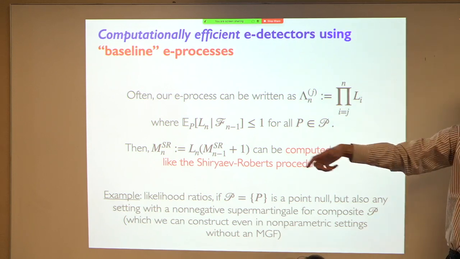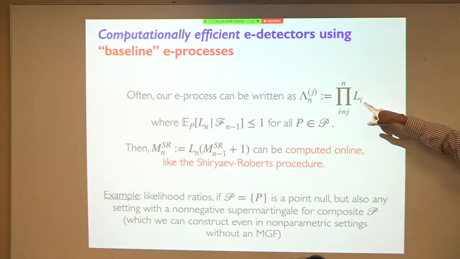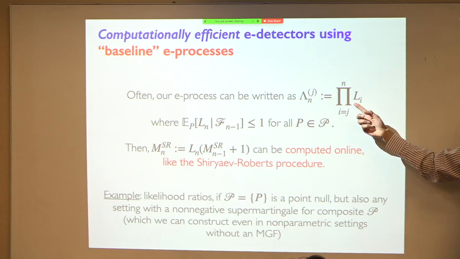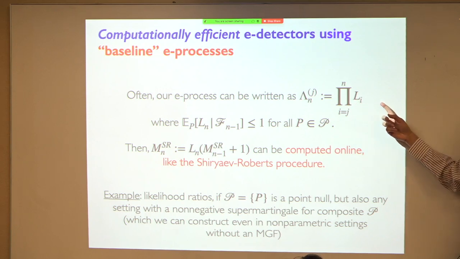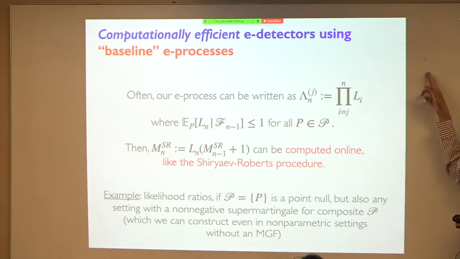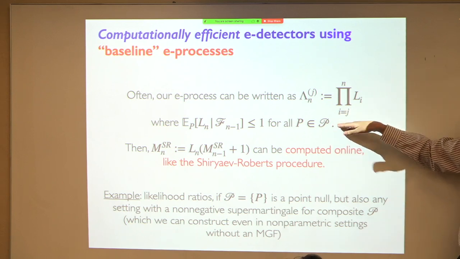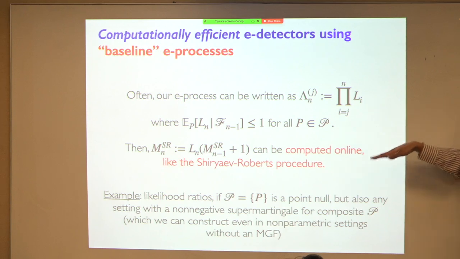Each of these is just an e-value. We saw this as 1 plus lambda times x_t minus m when we were betting, or as exponential of various things when we were doing the nonparametric stuff last time. So when this happens, just like the Shiryaev-Roberts procedure, you can compute our e-detector in an online fashion.